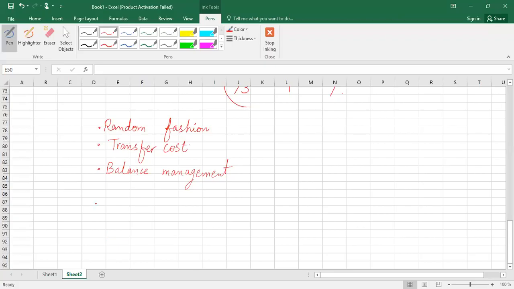But there are a few limitations as well. What are the few limitations? First limitation is it is not possible to calculate balanced cash every time. You cannot easily calculate the balance at every point of time. Why? Because you have to face some problems.